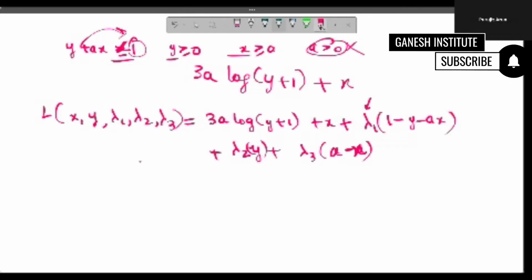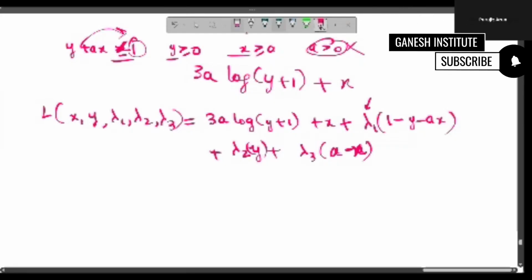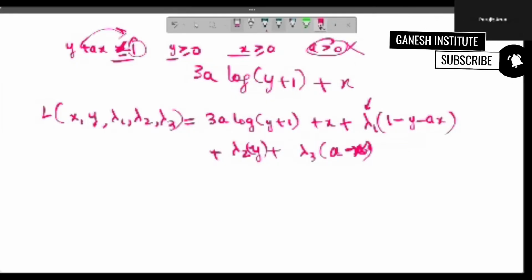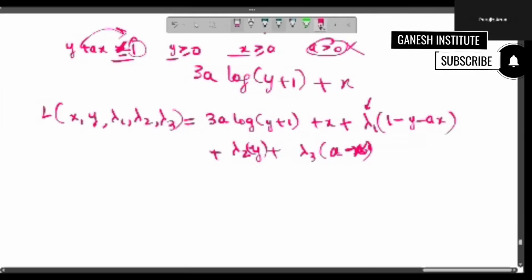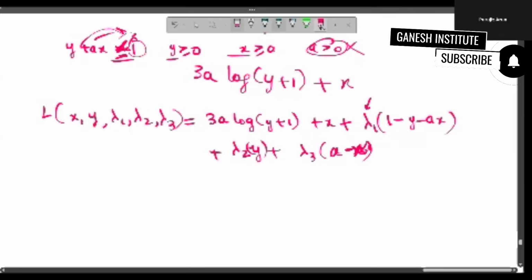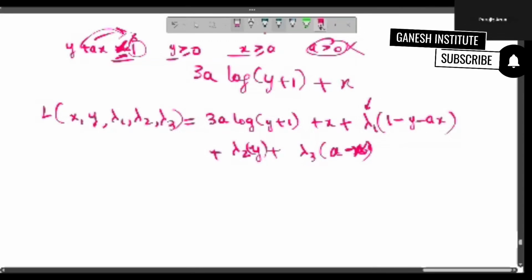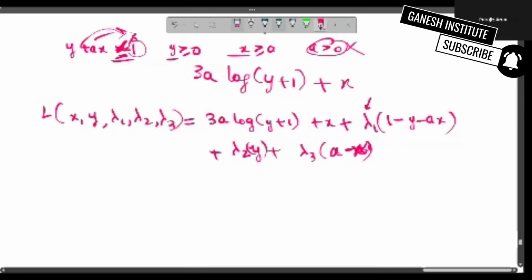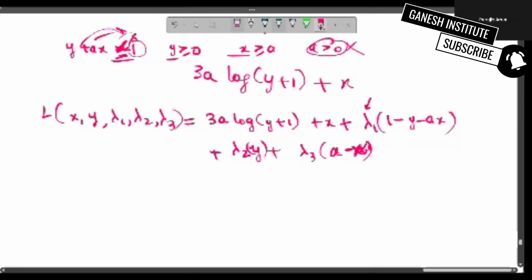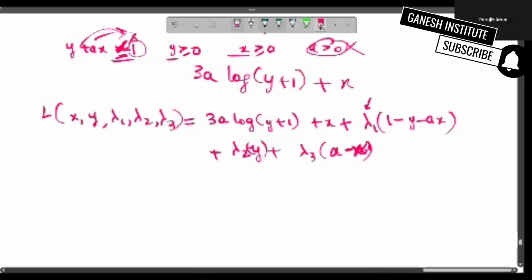One thing we need to check: the constant remains there. If it is less than or equal to 1, I'll say 1 minus y minus ax, because 1 is greater. That's how we apply minus lambda 1 and lambda 1 accordingly.